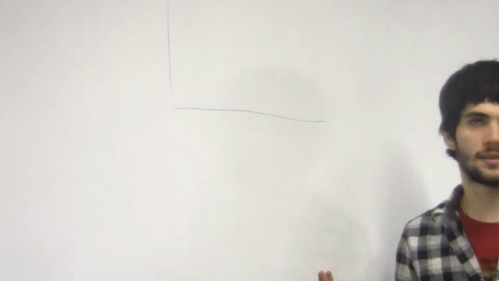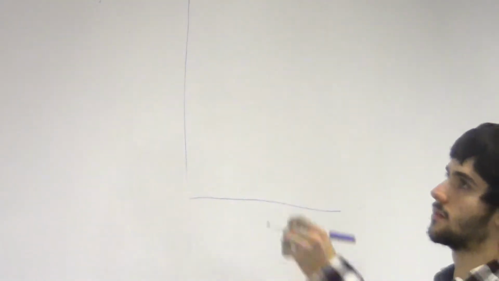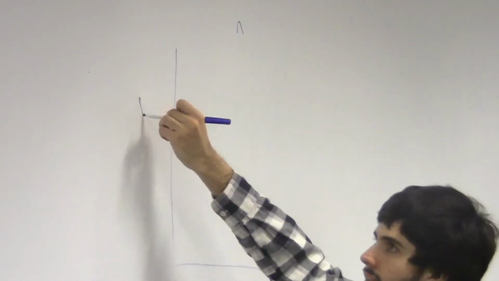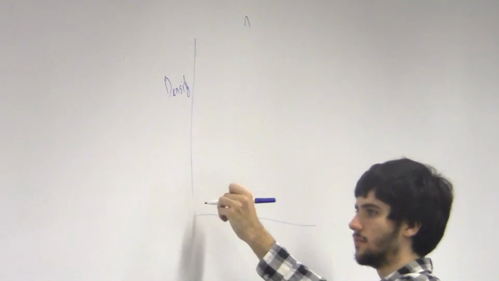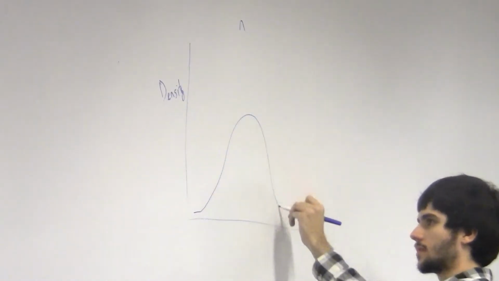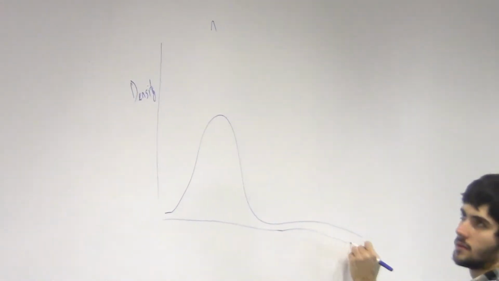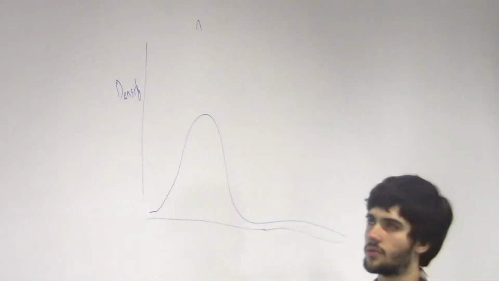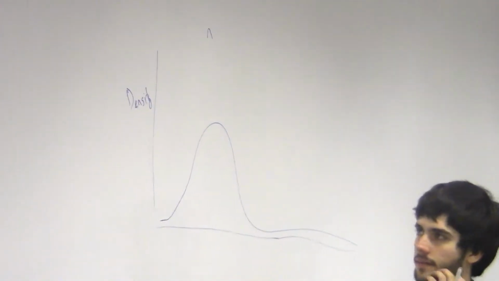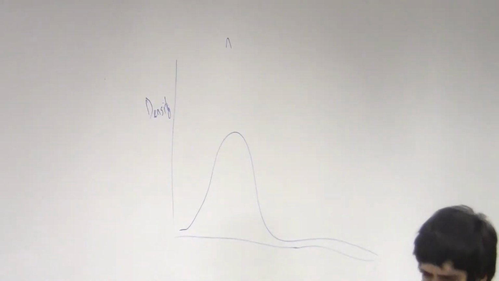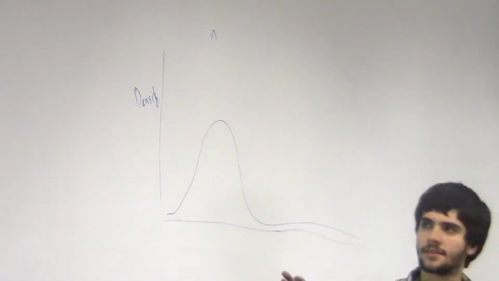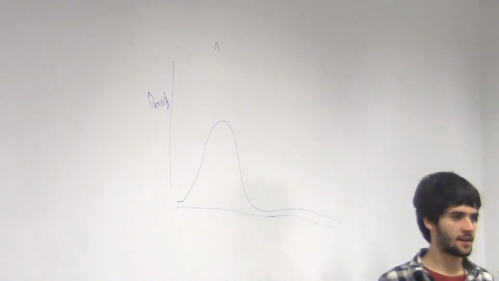basically if you try n times, and this is a density thing, so imagine a histogram. It's going to look something like this. So if you try n times, then you'll get heads this many times.